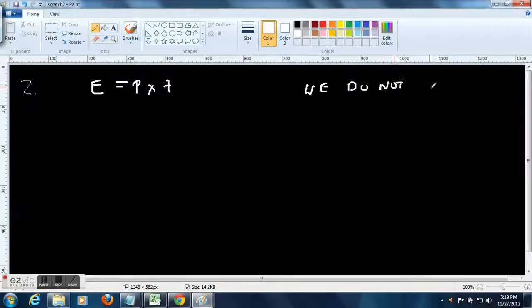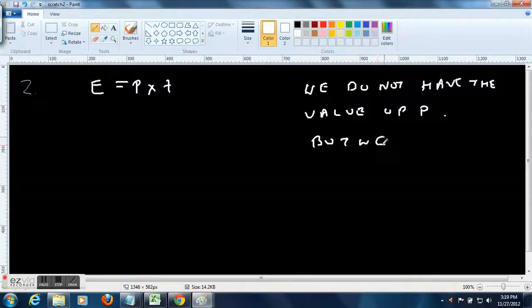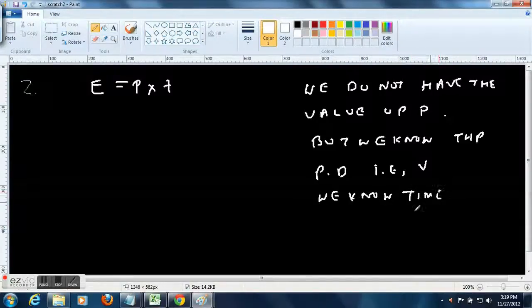That means we do not have the value of P here. Unlike the earlier problem where the power was mentioned, here it is not given. But we have the potential difference, which is 12 volt, and we have the time.